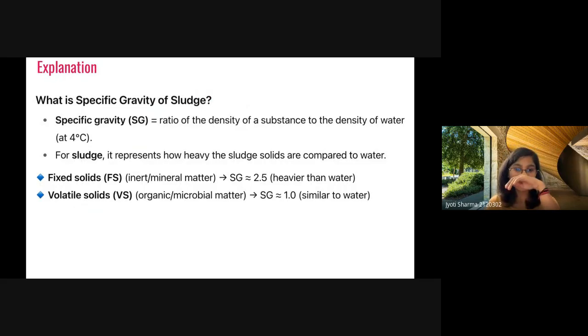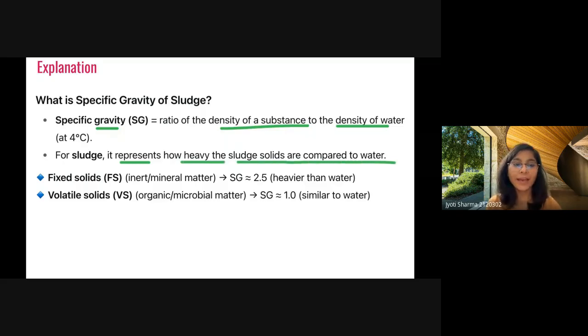First, just understand what we mean by specific gravity. Specific gravity is the density of a substance relative to the density of water. In sludge, it represents how heavy the sludge solids are compared to water.